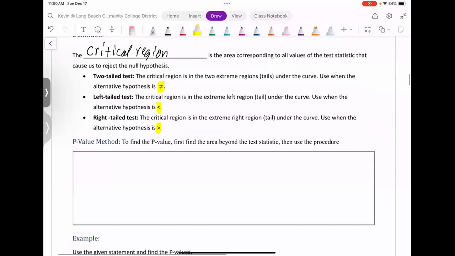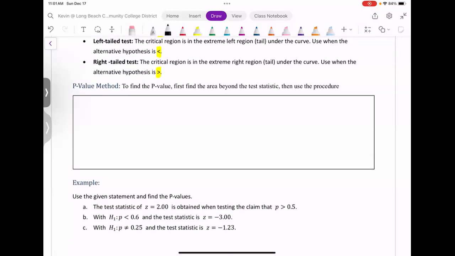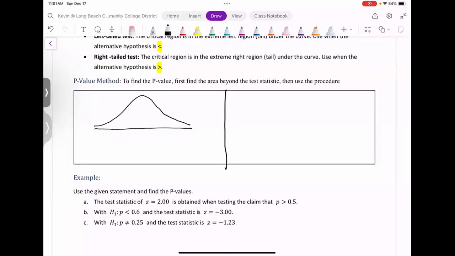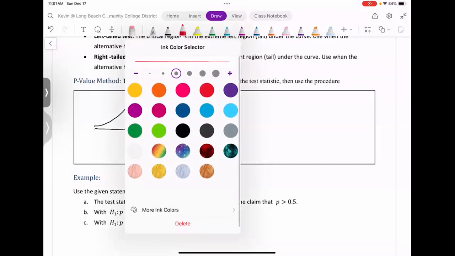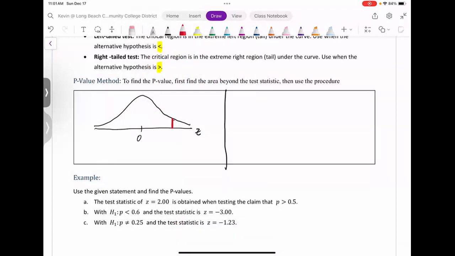And I want to give you a feel for what it is that we're even going to be doing here. I'm going to split this into two pieces. So we are going to have our normal curve here. I'm going to just make this a Z for now, and I'm going to make it a right-tail test. So our critical region, again, this is a right-tail test, could be a left-tail or a two-tail test, is going to be here. This is our critical region.